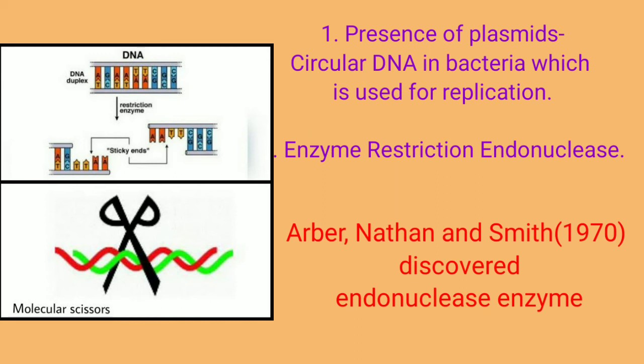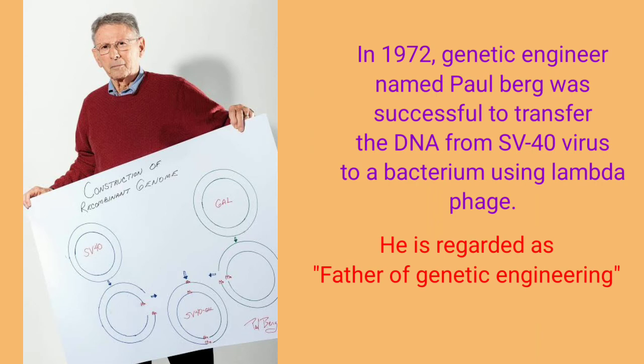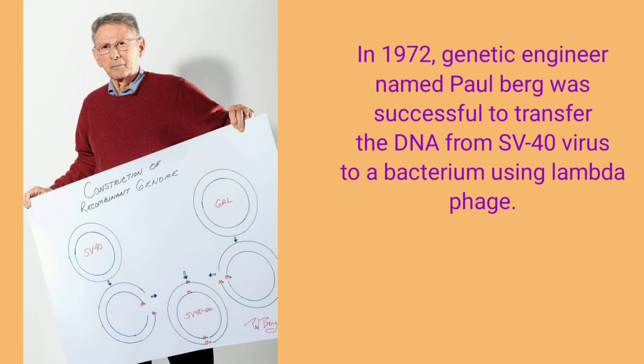So these two discoveries led to some new innovative work in the field of biotechnology and genetic engineering. In 1972, a genetic engineer called Paul Berg, who is regarded as the father of genetic engineering, tried to introduce a gene of a virus named SV40 into a bacterium with the help of lambda phage, which is a virus again.